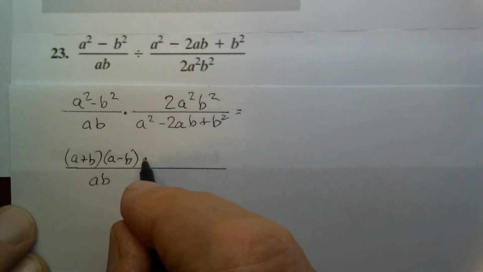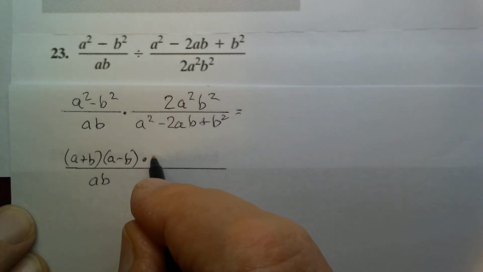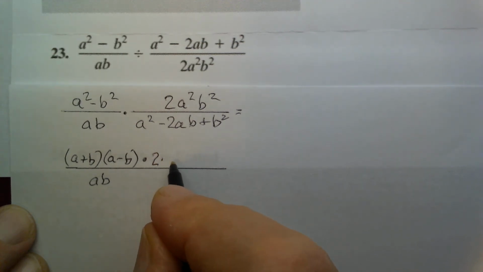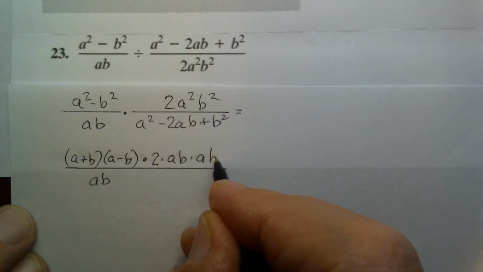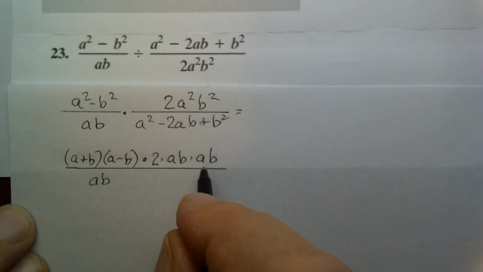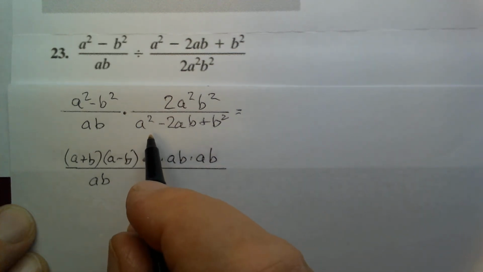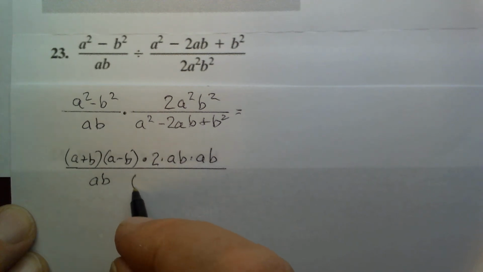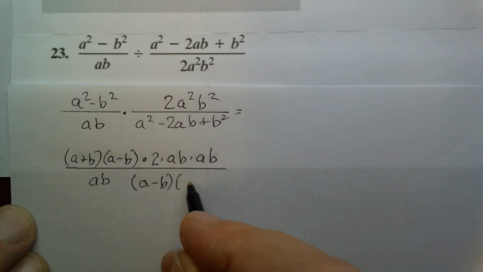And so here we have 2 times a squared b squared, or 2 times ab times ab. We're just going to rewrite a squared b squared as ab times ab. And the denominator here, that's a perfect square. That is a minus b squared, or a minus b times a minus b.